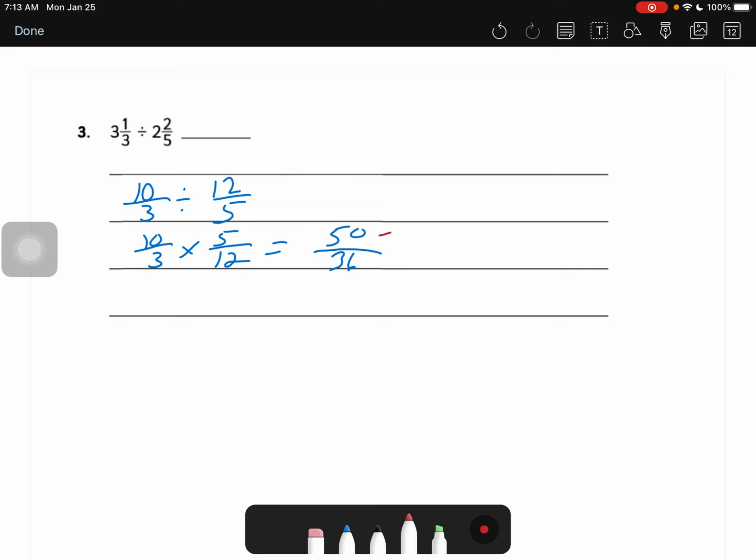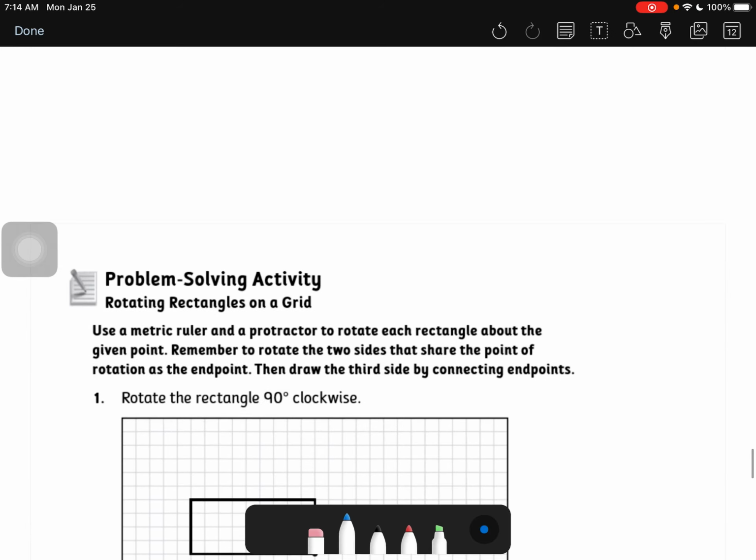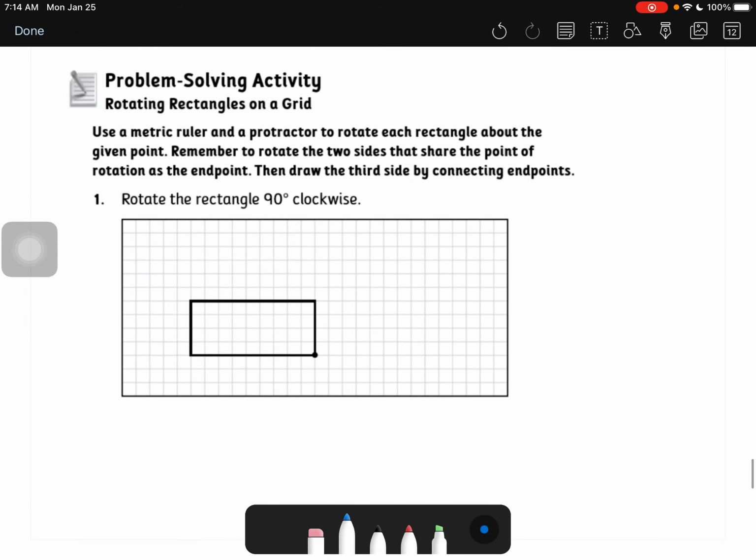I'm going to simplify this because I know they can divide by 2, and so then I get 25 over 18, and let's divide this out. 25 divided by 18, 18 goes in there once, and I get a remainder of 7. So I get 1 and 7/18.